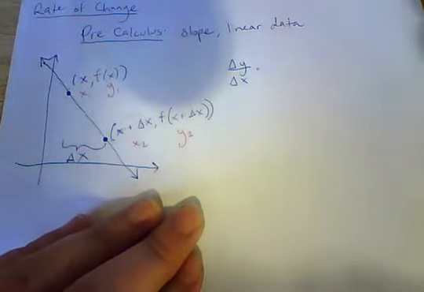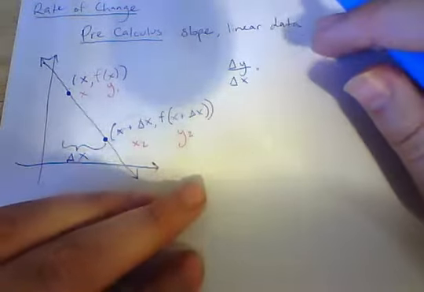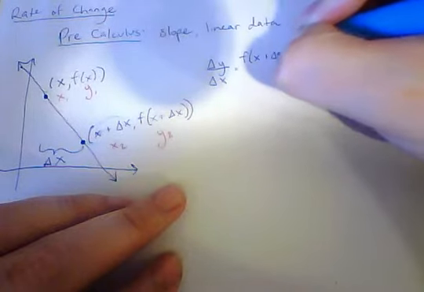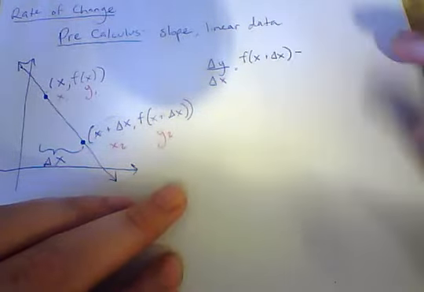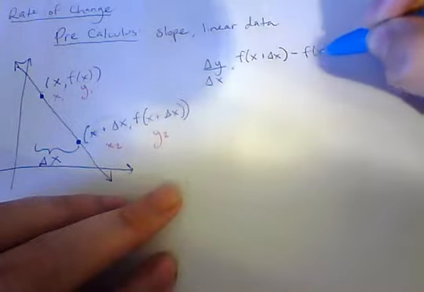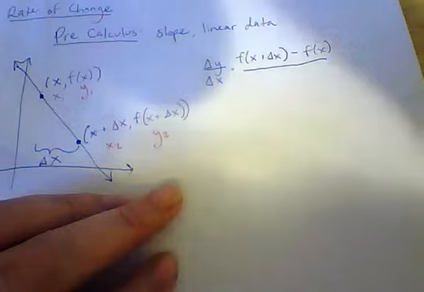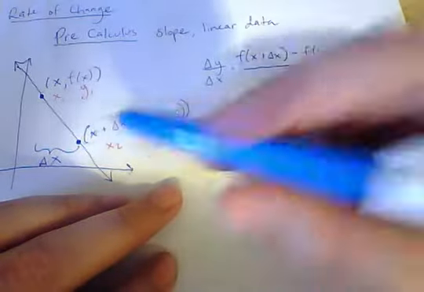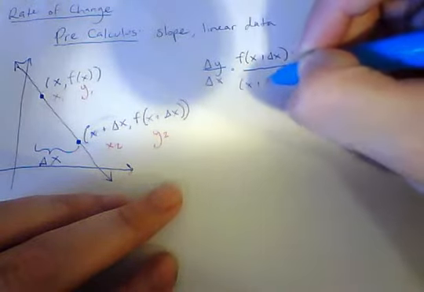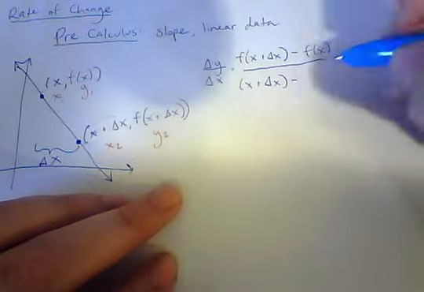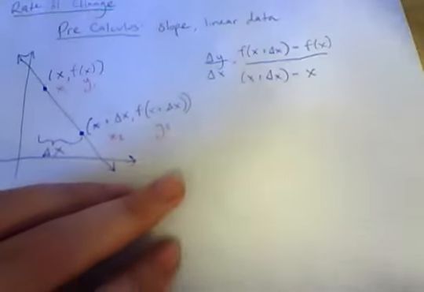And so if we plug those into our slope formula that we know so well, we would have f of x plus change in x minus f of x, y2 minus y1. And then on the bottom we would have x2, x plus change in x, minus x1, or just x.